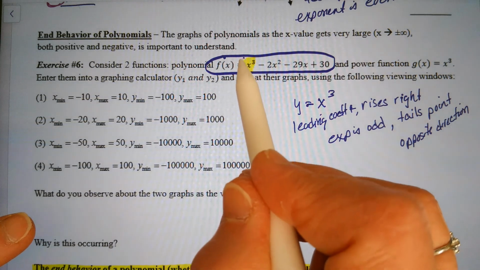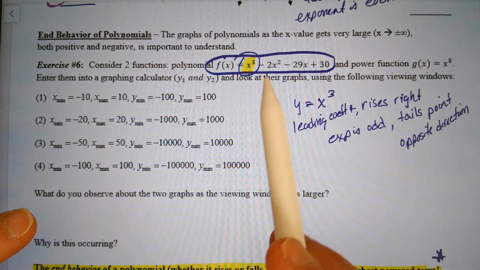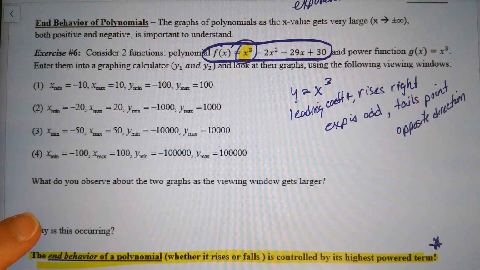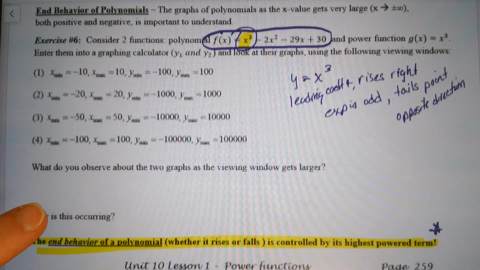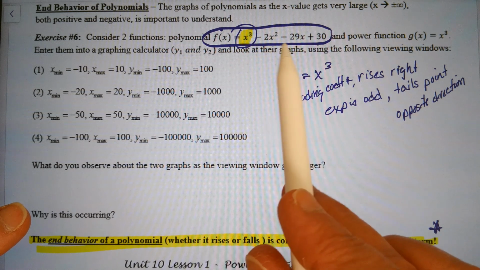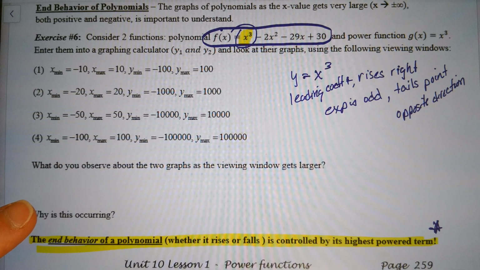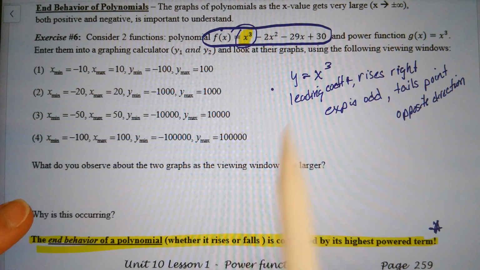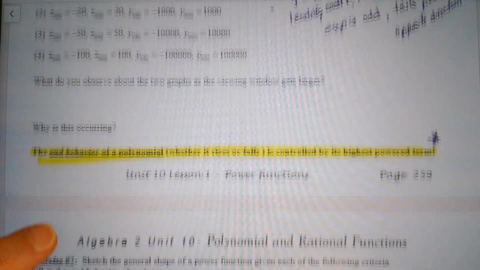This term here is going to overpower every other term. That term with the highest exponent will overpower every other term in the polynomial function, so it is going to closely resemble the power function y equals x to the power of 3.